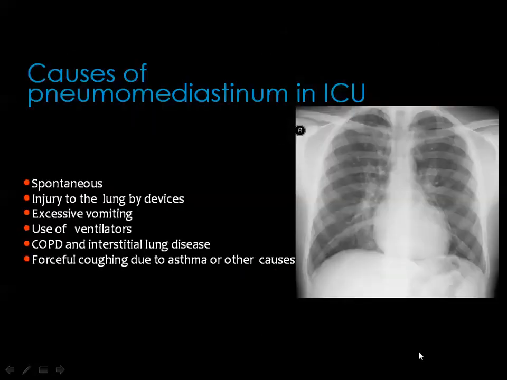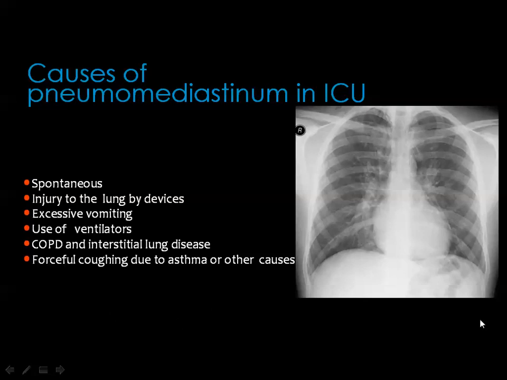The causes of pneumomediastinum in an ICU patient include spontaneous causes and injury to the lung by any of the devices, extensive or excessive vomiting, ventilators, chronic obstructive pulmonary airway disease, and forcible cough, as you can see in the previously shown patient.